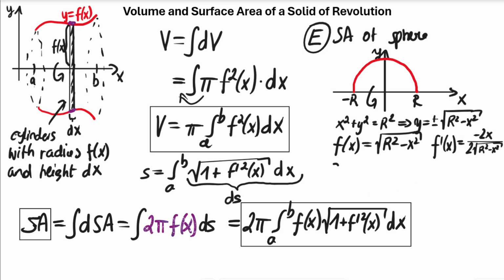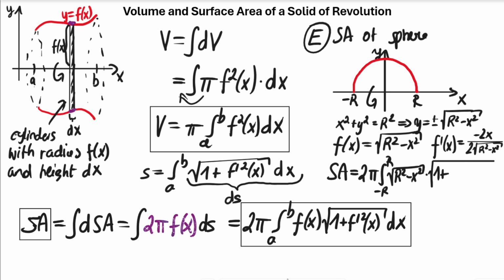Now you plug into the formula for the surface area, which is 2 pi. The limits of integration are from minus r to plus r. Then the function itself is this root expression, and then times 1 plus the derivative squared.